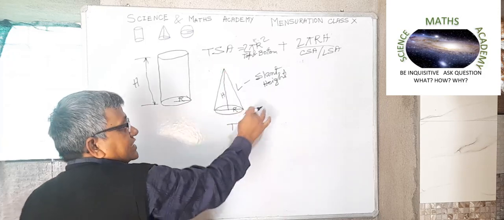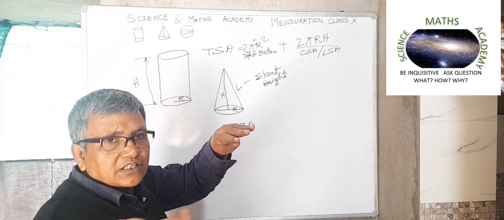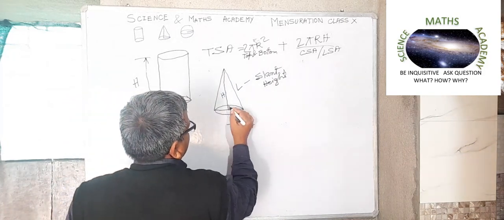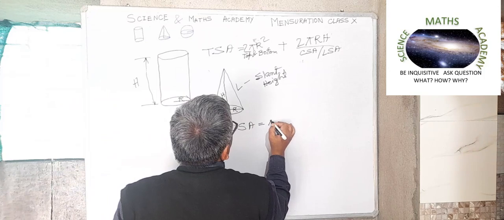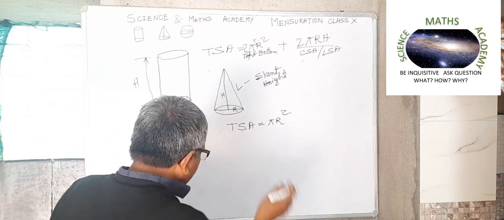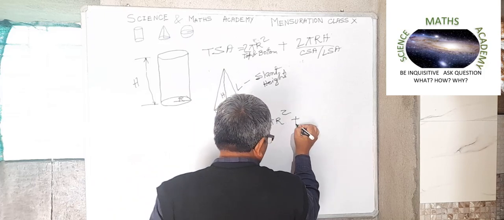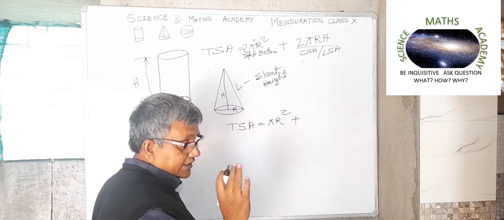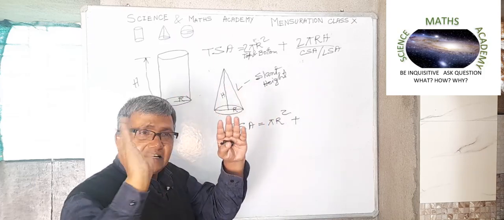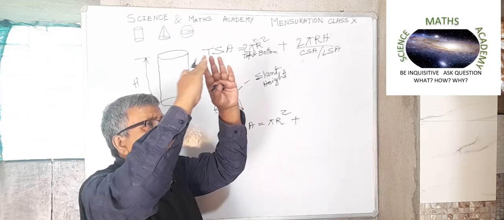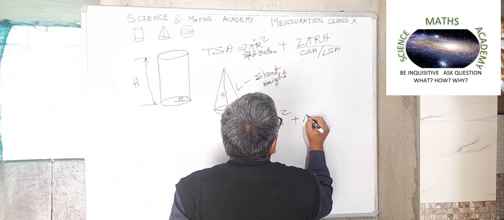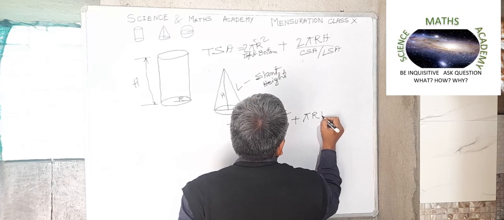I am taking this as a solid cone, so the bottom surface is there. The bottom surface is circular, so it will be pi r square. Another surface we will get geometrically, we can prove. Proof is not here, I am telling you: lateral surface area or curved surface area. Bottom is a circle, and the lateral surface area, this. So what will the lateral surface area be? Pi r l.